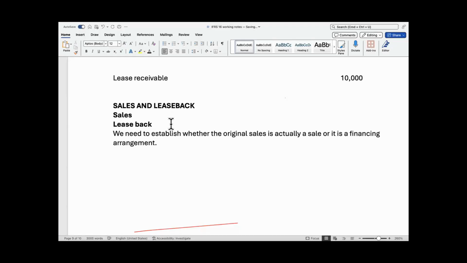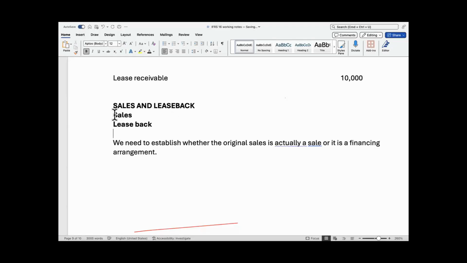That's what we need to establish. Why did you sell? So we need to see whether it is actually a sale. If it is actually a sale, then fine. Or is it that he just gave up his assets as collateral just so that he can collect money? So we need to establish whether it is a financing arrangement.